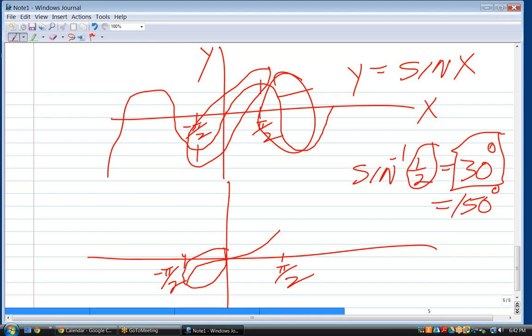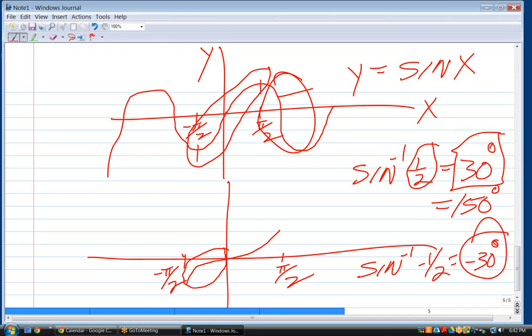Okay? And if I said, what is the inverse sine of negative 1/2, it's actually going to give you minus 30 degrees, which is still a fourth quadrant answer. But it doesn't give you the third quadrant answer, even though the sine of 210 degrees is still negative 1/2.